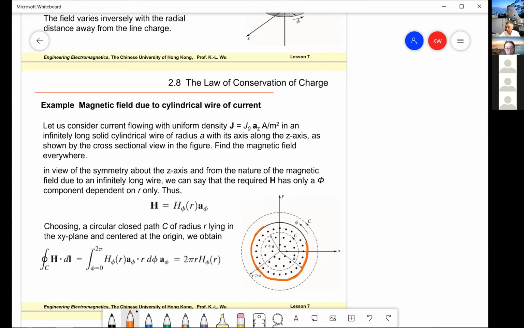This conductor is a very thick conductor rod. The conductor has a uniform current distribution, the current flowing in the Z direction, with the current density.